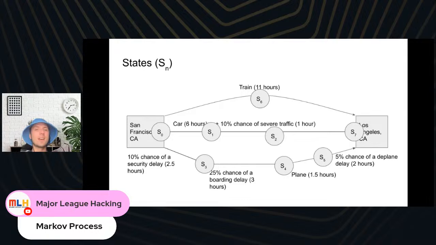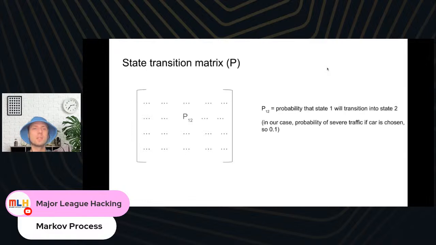So we could assign that transition probability a 0 value. This is showing you that there's an analogy between the Markov process and the kinds of decisions we would need to make in a travel scenario like this. Okay, now we're going to talk about the state transition matrix, which we talked about earlier.